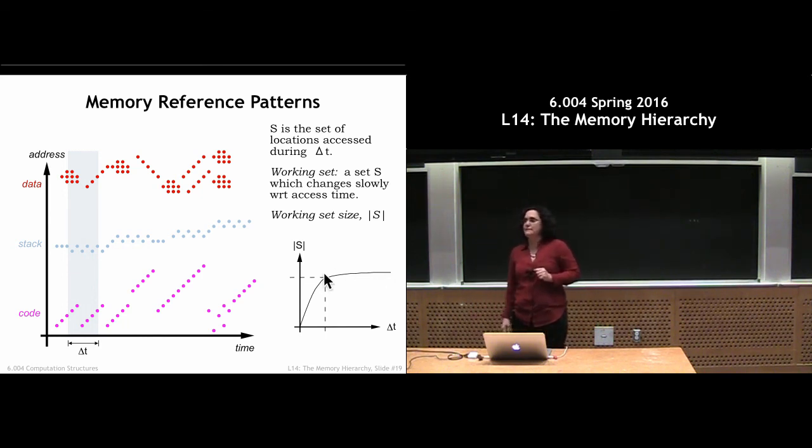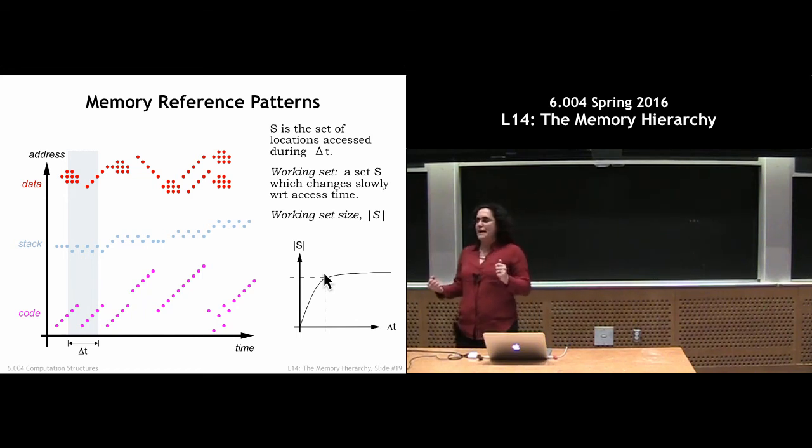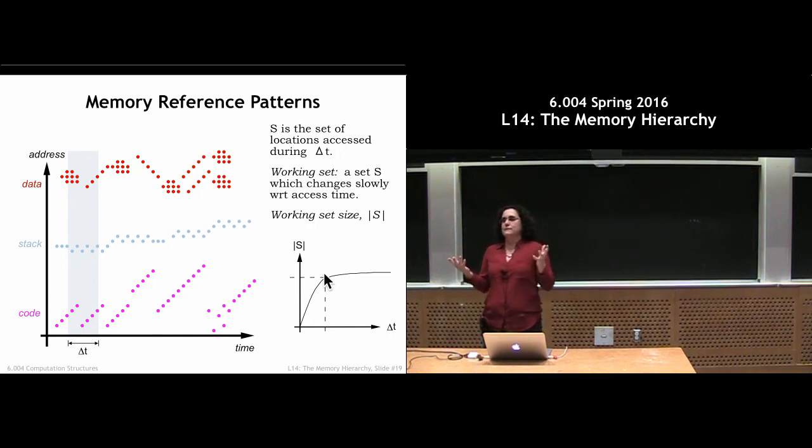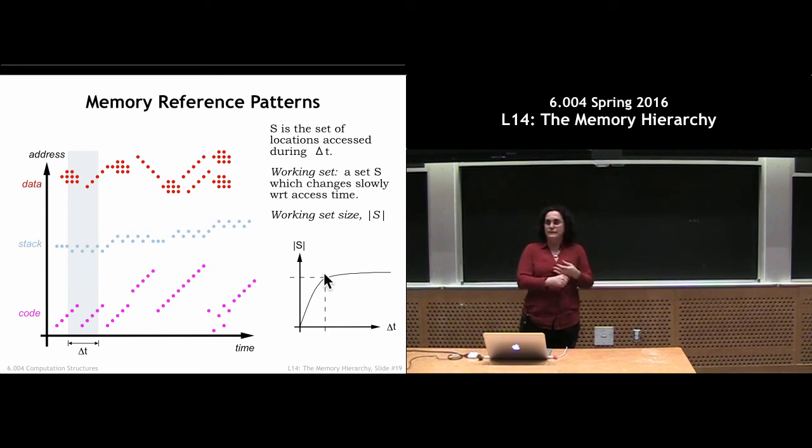So what does this mean? This means that as long as I have a fast memory that can fit that working set size S, then I'm going to be able to get the best of both worlds. I'm going to be able to access most locations very quickly, and on a rare occasion, I'll have to go to slower memory.